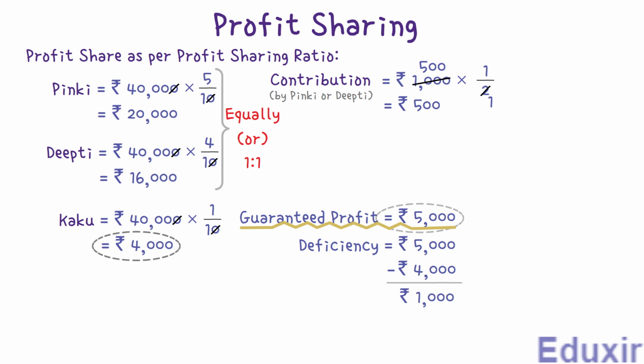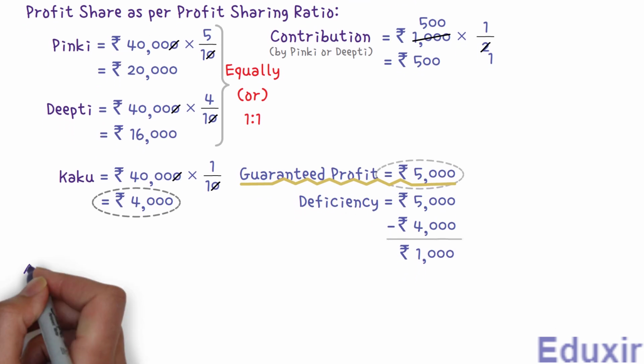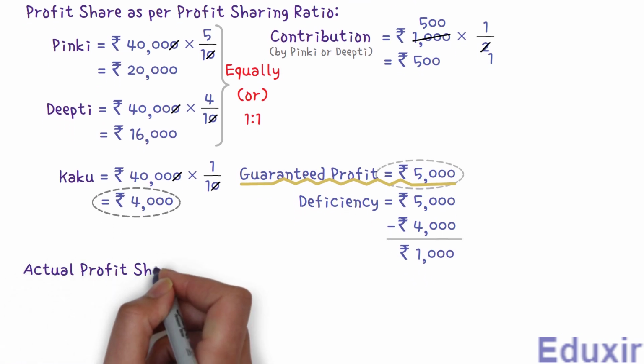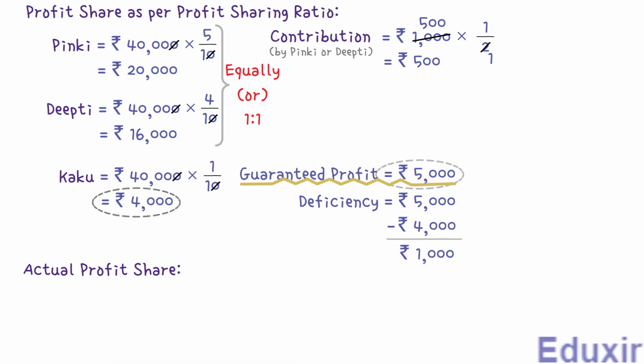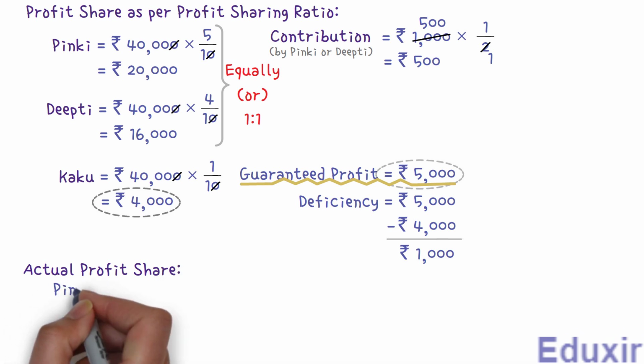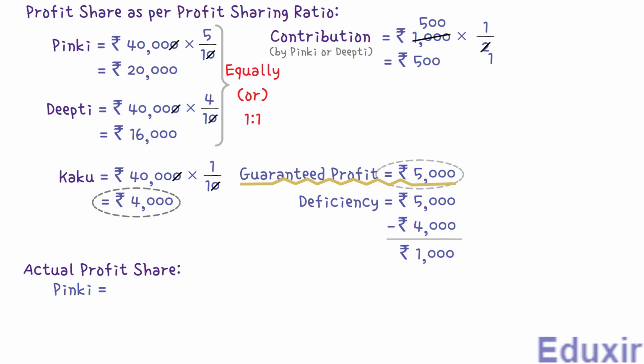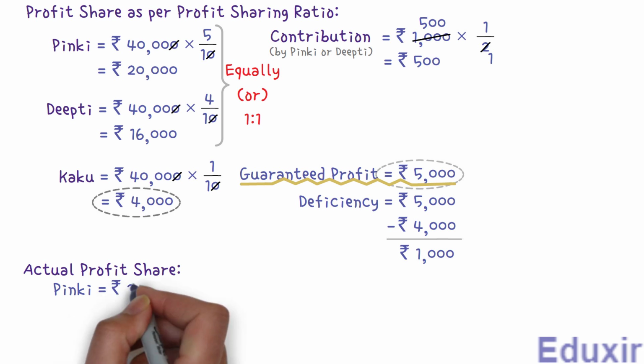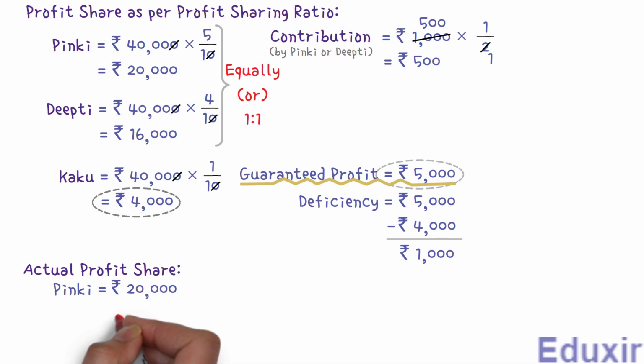Considering these contributions, let us now find how much is the actual profit share of each of the partners. Now, the actual profit share of the partner Pinki is equal to her share of profit as per the profit sharing ratio, which is 20,000 rupees, minus her contribution to the deficiency in partner Kaku's profit share, which is equal to 500 rupees.